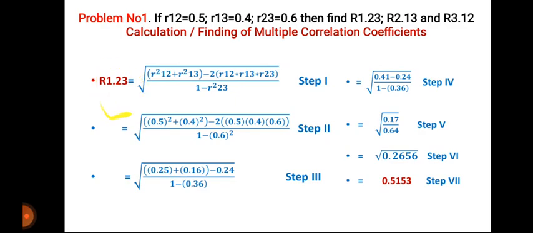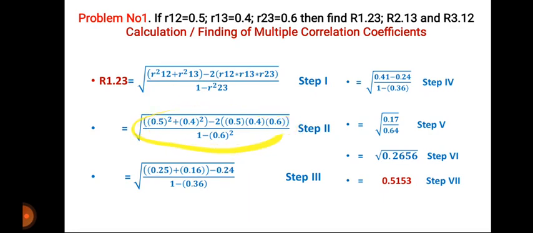So, R12 square plus R13 square minus 2 into all the three simple correlation coefficients, R12, R13 and R23, divided by 1 minus R square 23. This is the first step, just formula putting. Next, the second step, value putting.